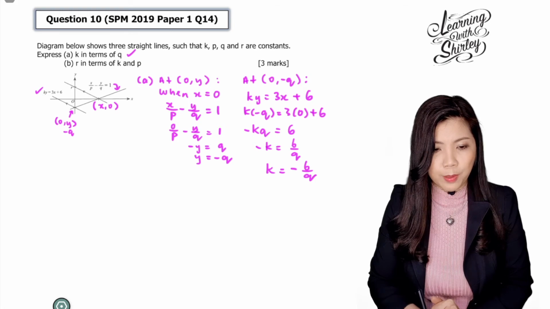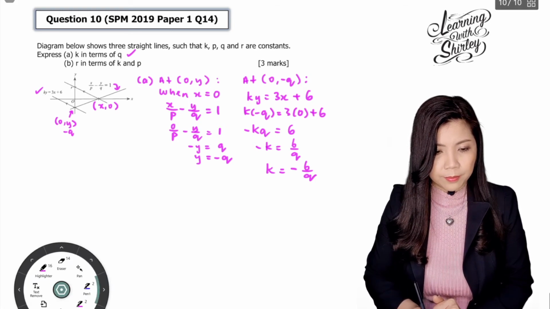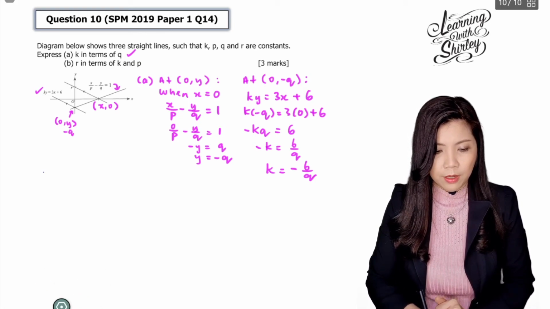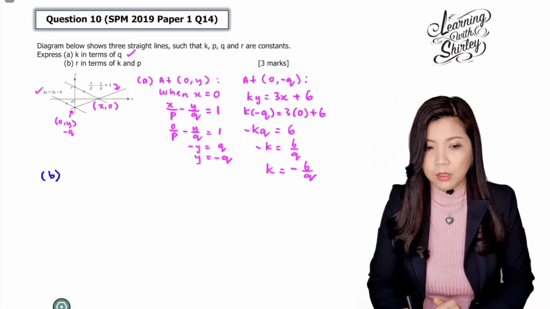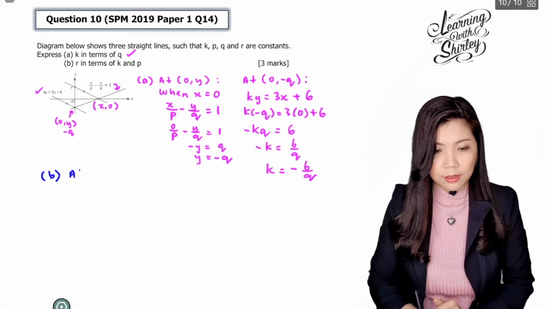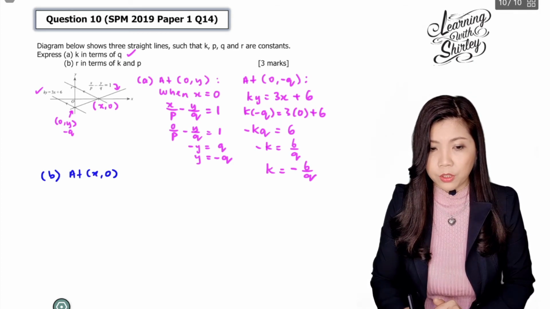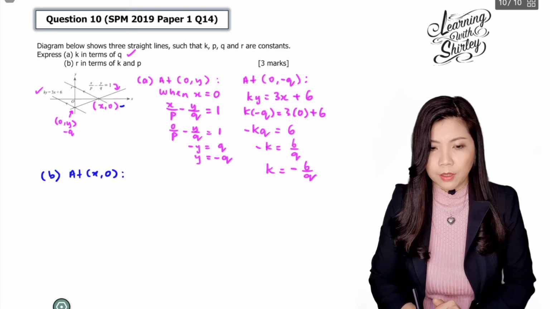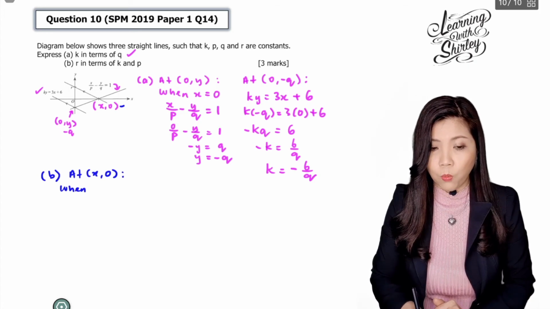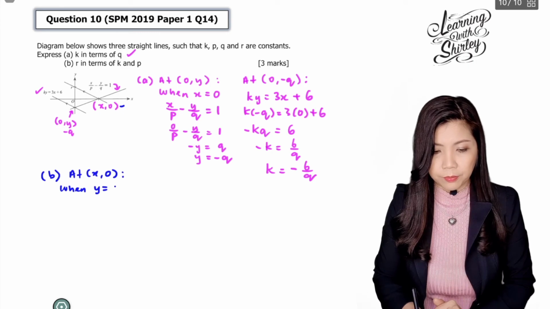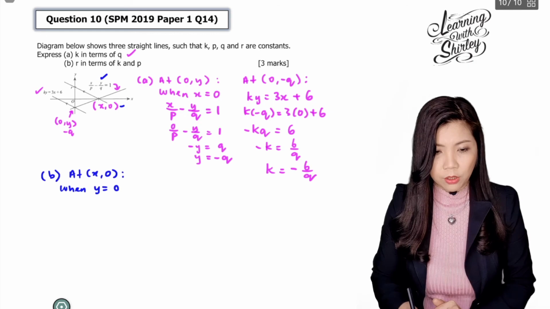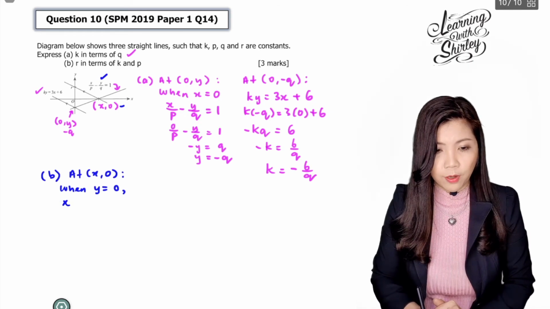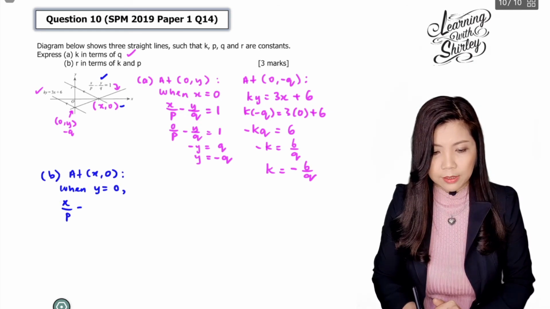Now let's solve for B. For B, r in terms of k and p, at x0, which is here, when y equals 0, I'm going to substitute into this equation, x over p minus y over q equals 1.